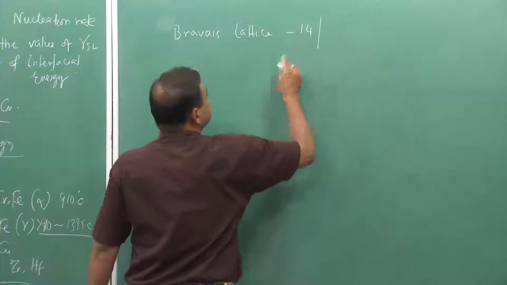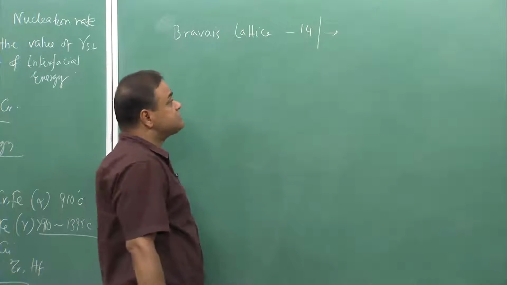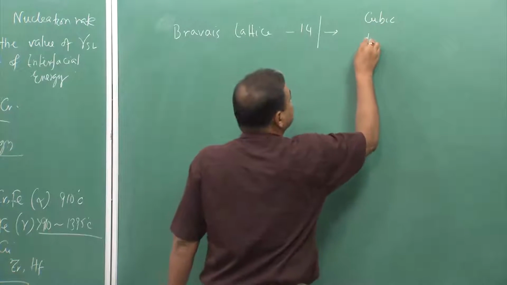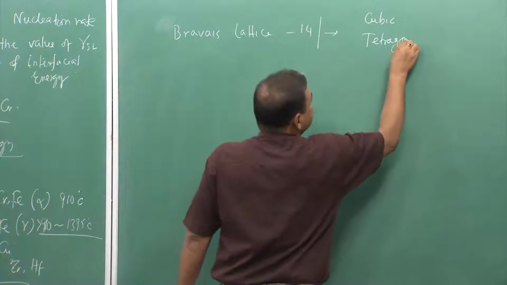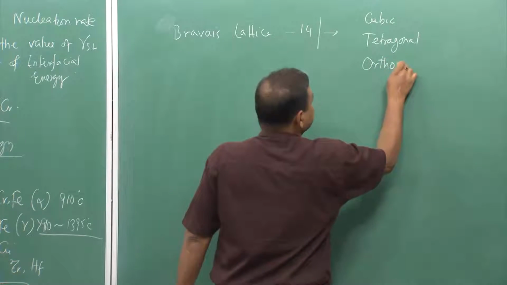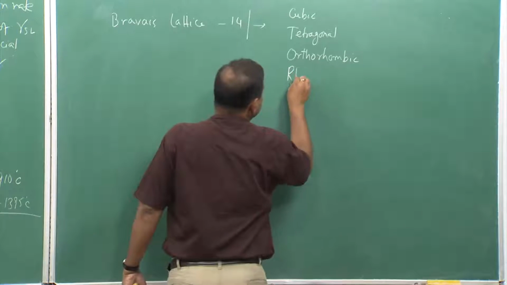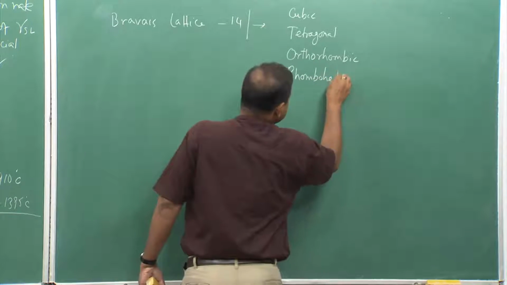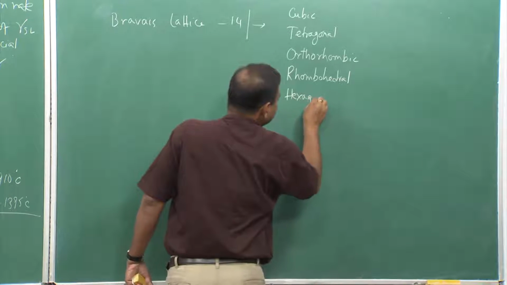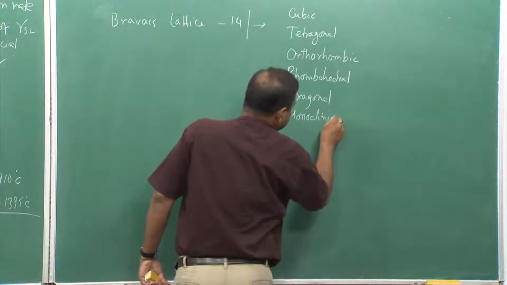These 14 Bravais lattices are broadly segmented into 7 crystal systems, which are called cubic, then tetragonal, then orthorhombic, then rhombohedral, then hexagonal, monoclinic, and triclinic.